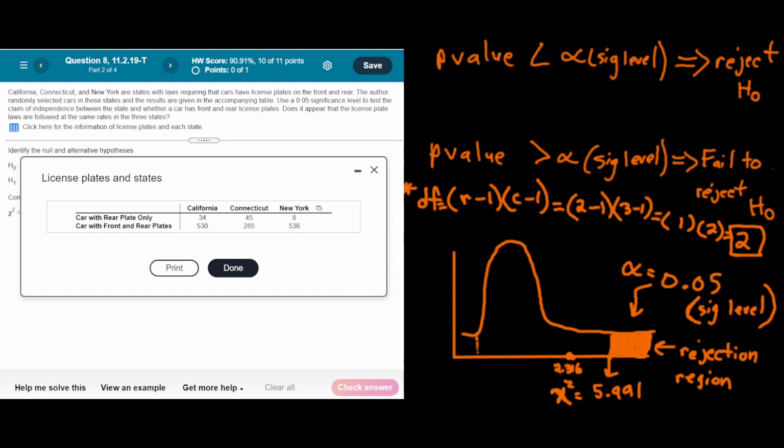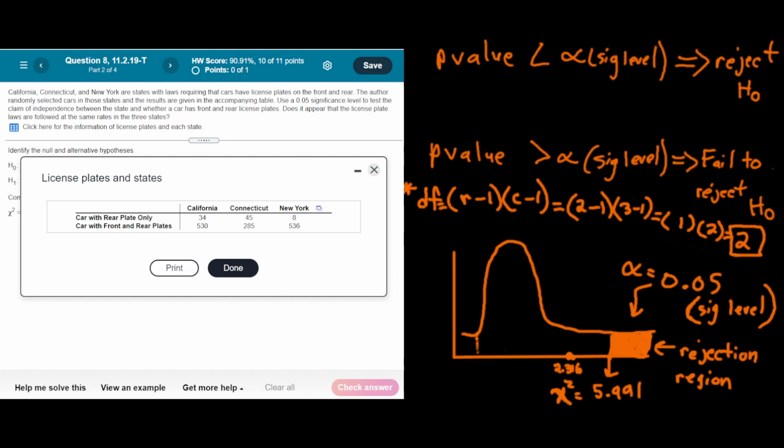All right, 34, 45, 8, 530, 285, 536. Second quit. Stat. We go over to test. We go over to chi-square test, and we go down to calculate.